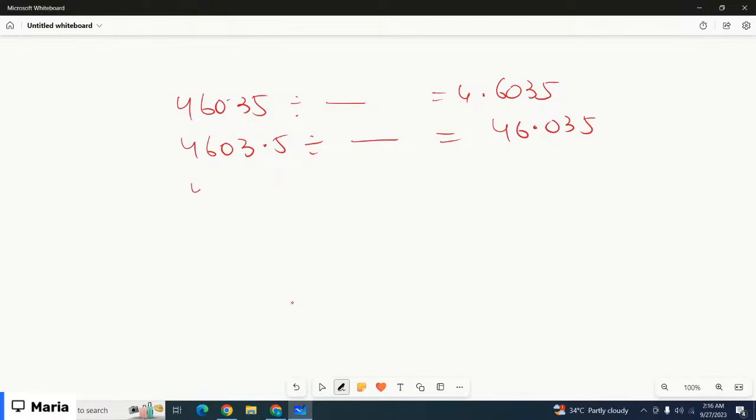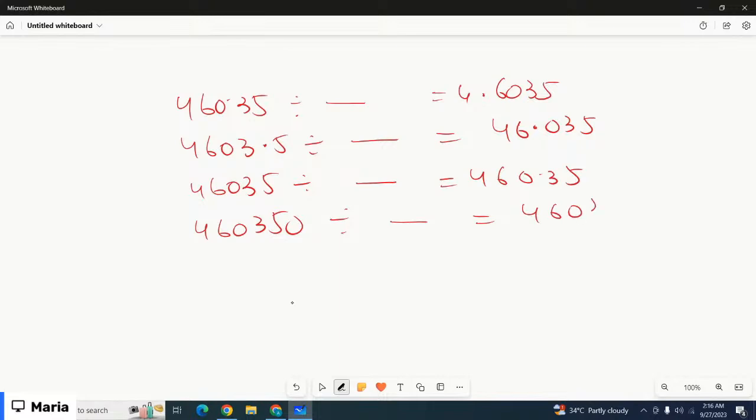Then you have 46035 divided by the missing number equals 460.35. Then you have 460350 divided by the missing number equals 4603.5. So what number is missing? Which number is missing?